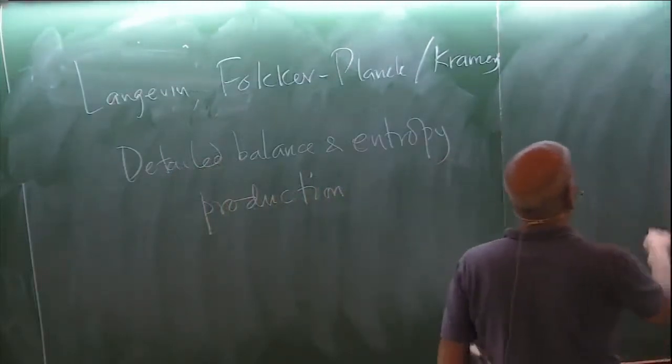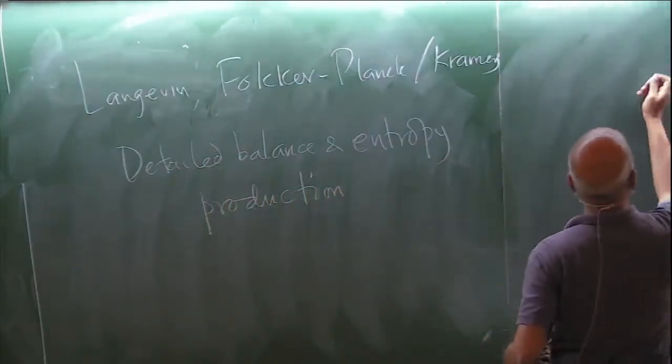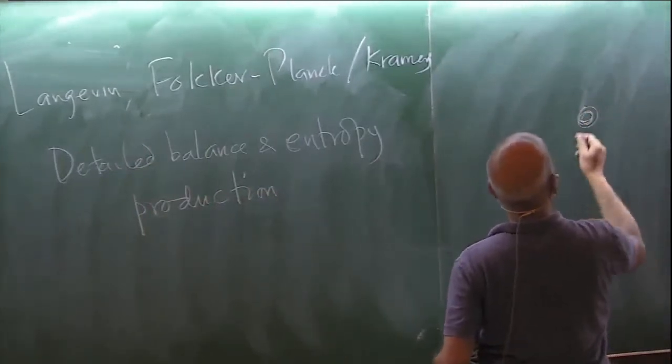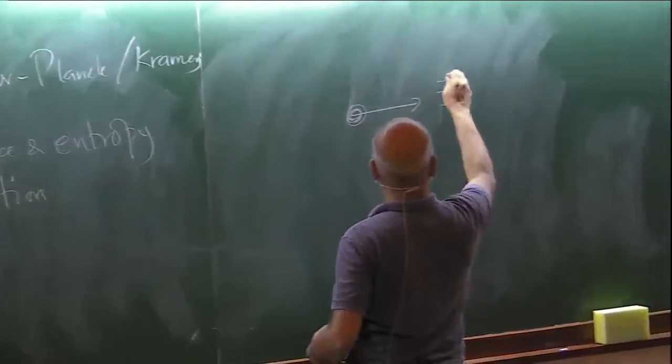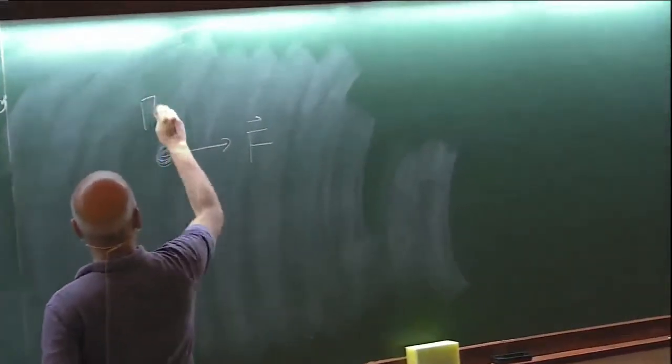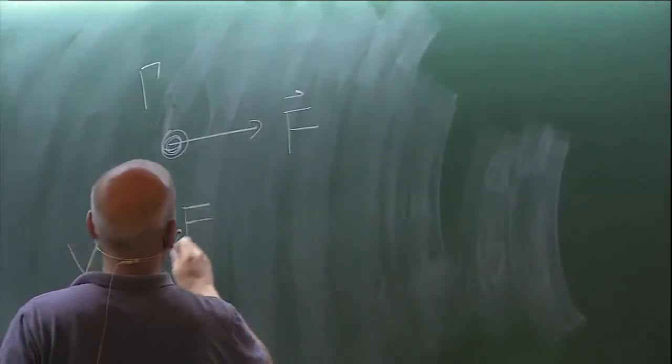And the idea, the starting point, is really that if you imagine you have a particle moving under the action of an external force, and there's some damping gamma, then you know that at long times, if the velocities are slow, you get a speed which is the force divided by the friction.